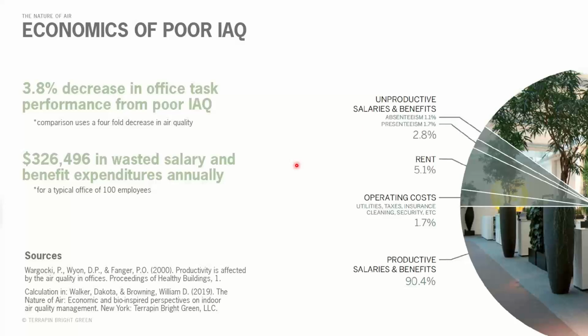So besides the medical side of things, a 3.8% decrease in office task performance from poor IAQ has been found to cost that building $300,000 a year in wasted salary and benefit expenditures annually. And there are multiple studies on this.